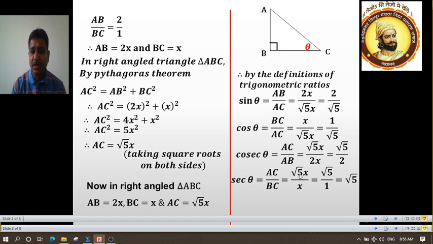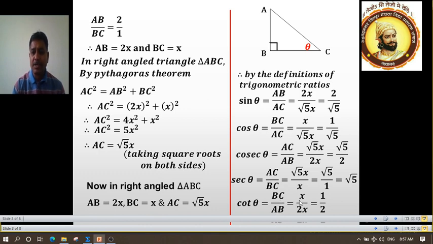AC is root 5x upon x, which is root 5 upon 1, so it is equal to root 5. And lastly, cot theta. What do you mean by cot theta? Cotangent ratio. Cot theta is adjacent side upon opposite side. So adjacent side is BC, opposite side is AB, so BC upon AB.